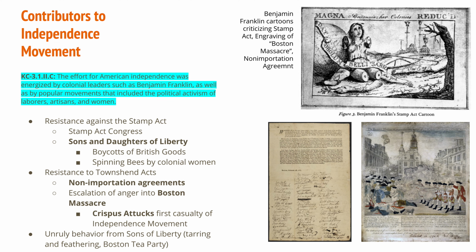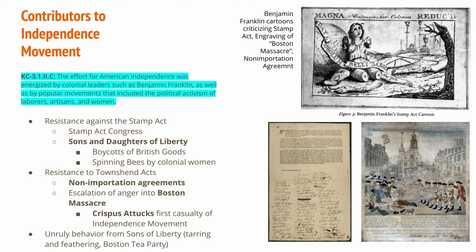There was also an attempt at calling for a wider boycott of the Stamp Act that was seen in the Stamp Act Congress, and then the activities of the Sons and Daughters of Liberty. They would sign non-importation agreements and boycotts of British goods. Spinning bees by colonial women were meant to create textiles here in the colonies so that they wouldn't have to purchase them from England.